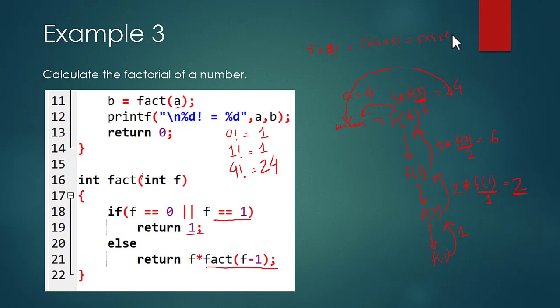Then factorial 2 is 5 into 4 into 3 into 2 into factorial 1, which is finally 1. So this way we calculate the factorial in mathematics, and this recursive code for the factorial is implementing that same logic to calculate the factorial of a number n.